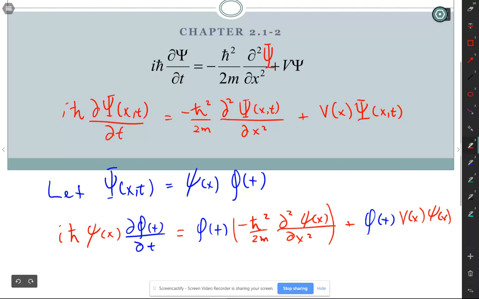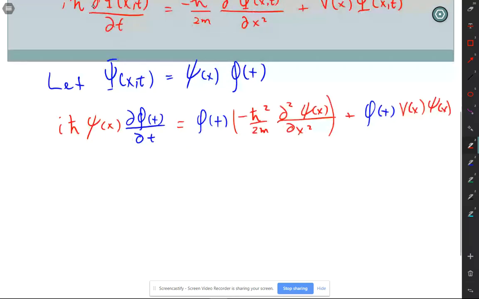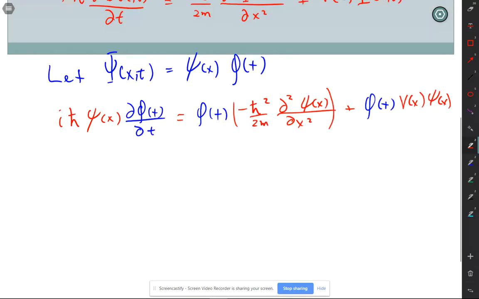So there I've written in red all of the position-dependent stuff, and in blue all of the time-dependent stuff. And now the trick we do is we say, okay, let's try doing something weird. Let's see if we can separate variables. And you might notice that there is a little mathematical problem in this, but we do it anyway.